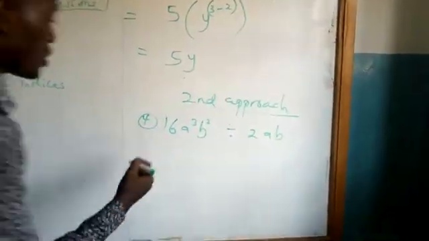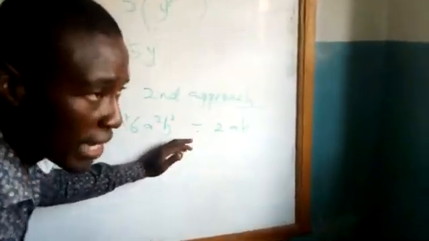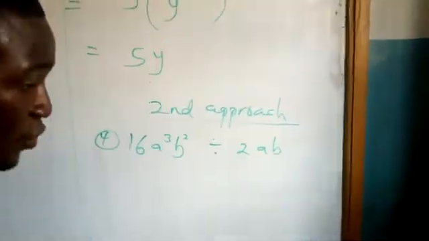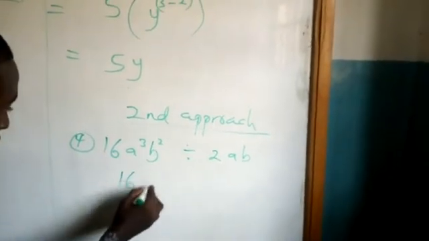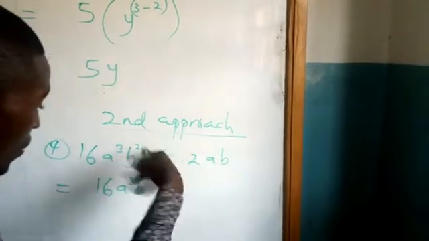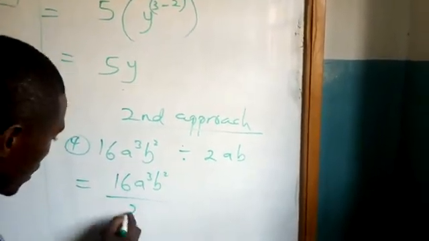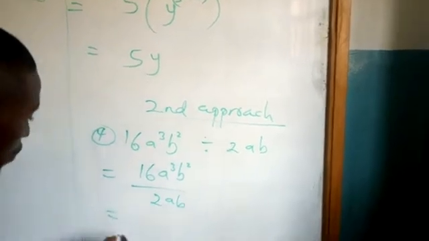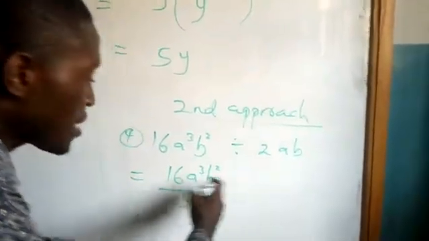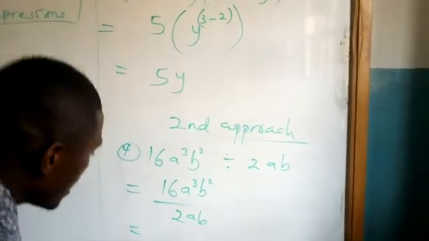The second approach demands that anytime you see division, it means over. We can use division as a bar, the over sign. You can rewrite this expression as 16a power 3 b power 2, over 2ab. Then we will spread these index terms.